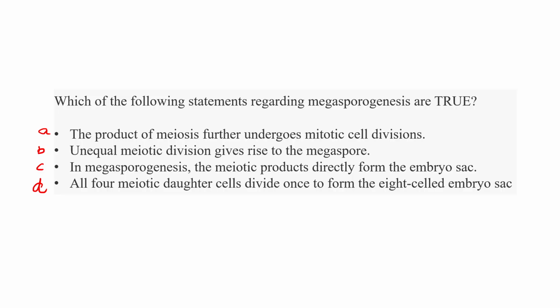C, in megasporogenesis, the meiotic products directly form the embryo sac. And D, all four meiotic daughter cells divide once to form the eight-celled embryo sac. We have to tell which statements related to megasporogenesis are true, so there can be more than one correct answer. I'll give you 2 minutes, and then I'll switch the screen and we'll discuss it.